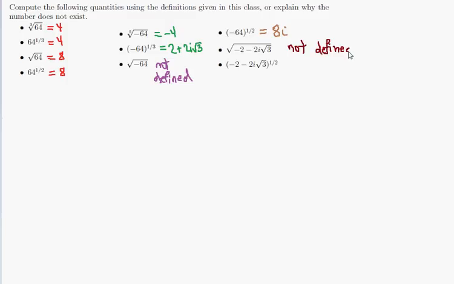The second one is obtained in very much the same way that we did the last couple. So negative 2 minus 2i square root of 3 is down here in the complex plane. So the distances in question are negative 2 and negative 2 square root of 3. So the distance from the origin is 4, and the angle is 4 pi over 3.